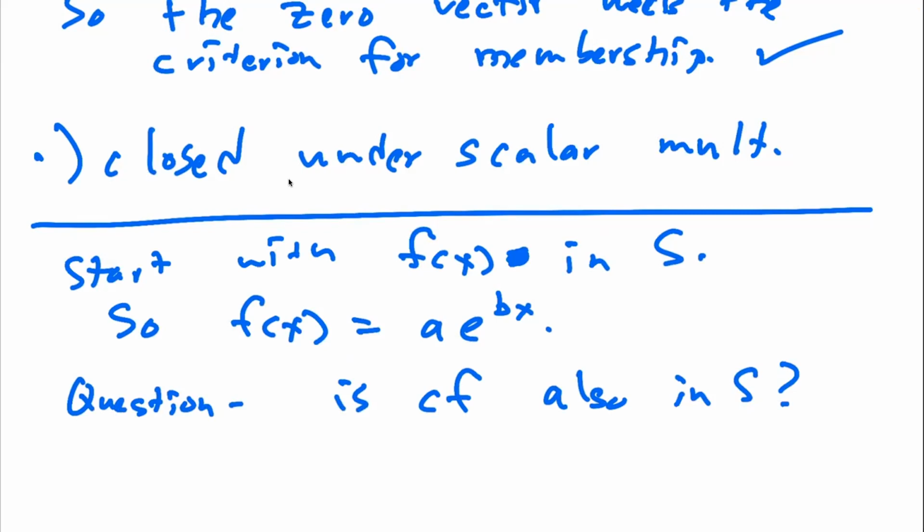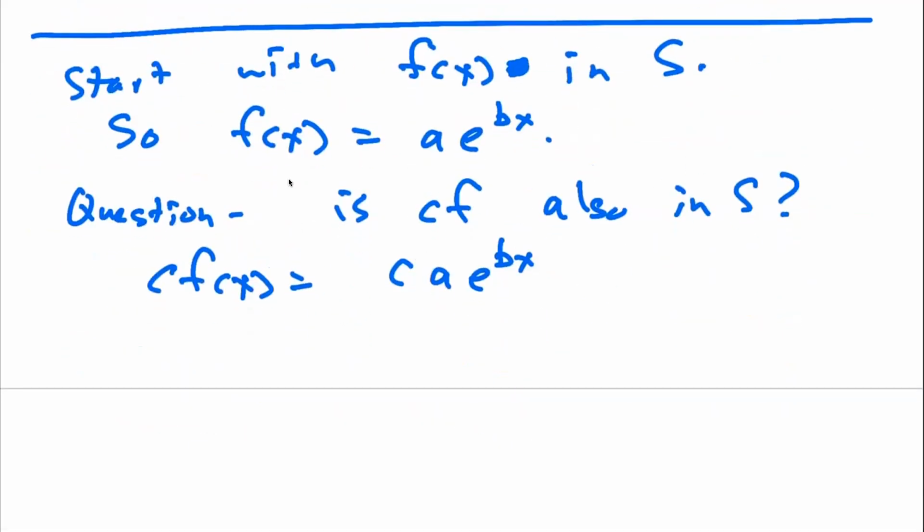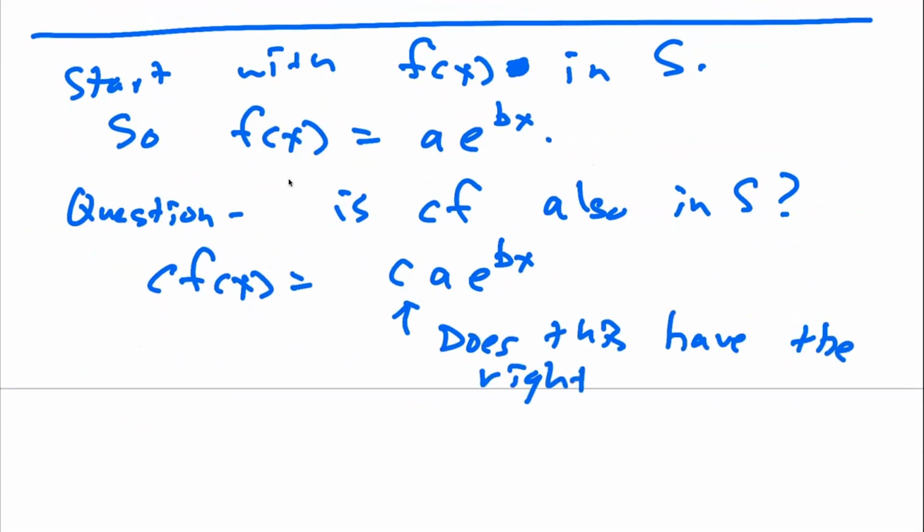Right, so C times f, the C, A, e to the bx. C times A times e to the bx, we just need to know, is it in the right form? Is it some number times e to something times x, right? So does this have the right form?